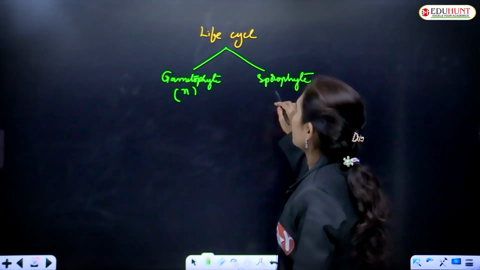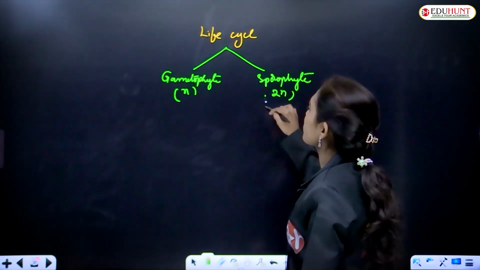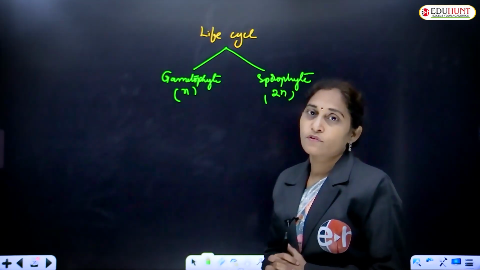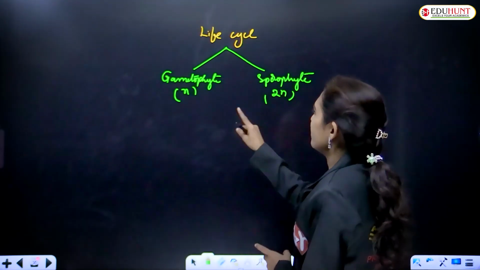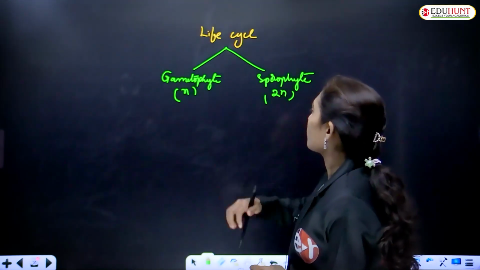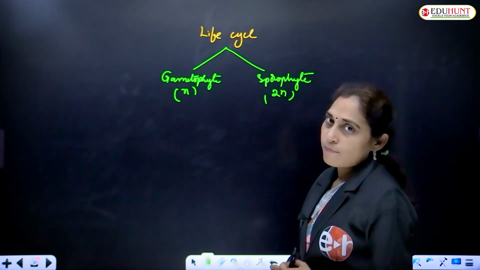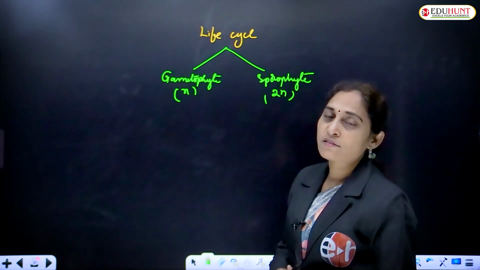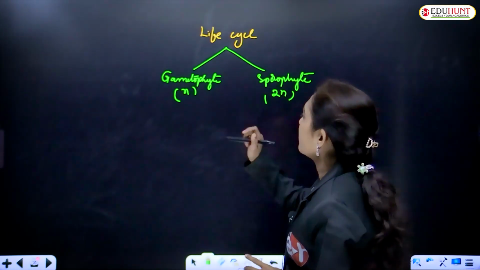Because many of the students get confused between these two phases, that's why I'm explaining in detail. Gametophyte is a haploid phase and sporophyte is a diploid phase.